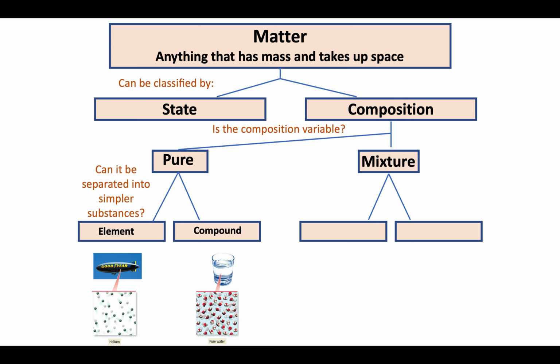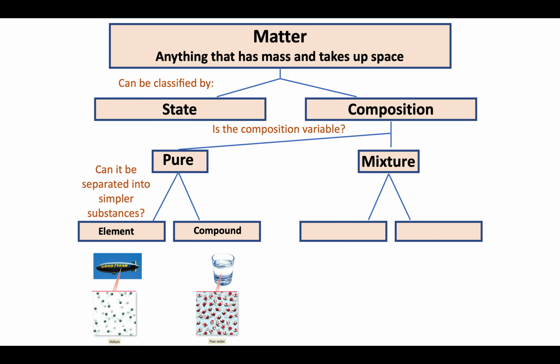Let's take a look at a compound that we're very familiar with, pure water. Water, as we know, is H2O. What that means is that every single molecule of water is made up of two hydrogens and one oxygen. If it doesn't have two hydrogens and one oxygen, it's not water, it's something else entirely.